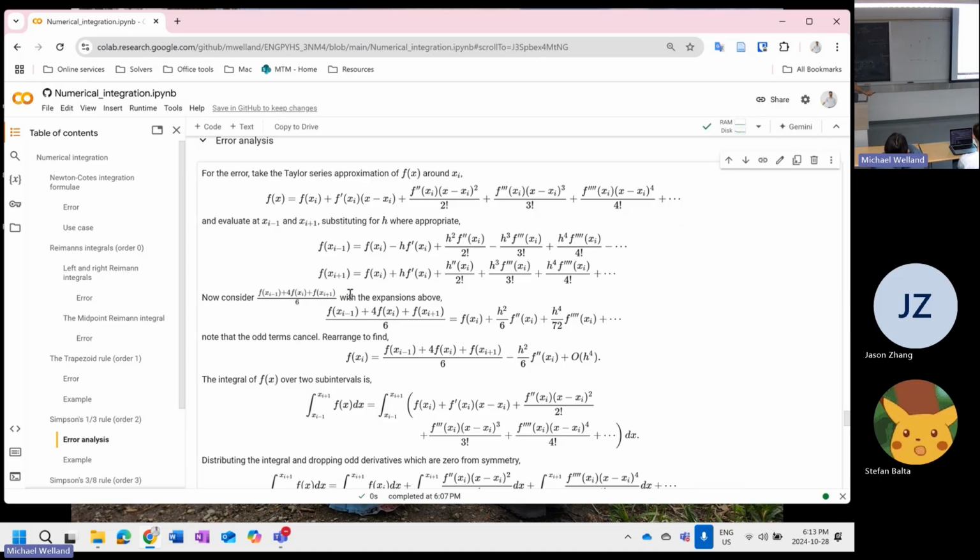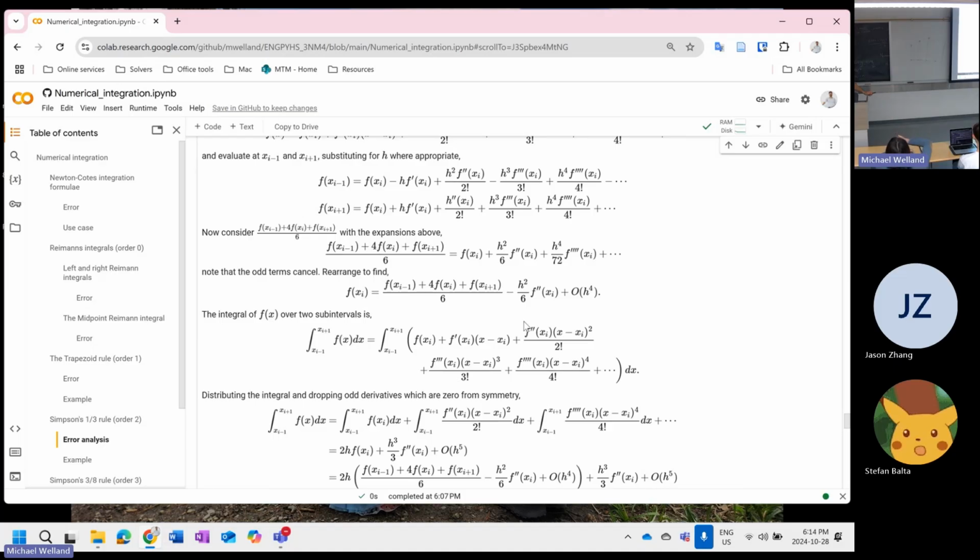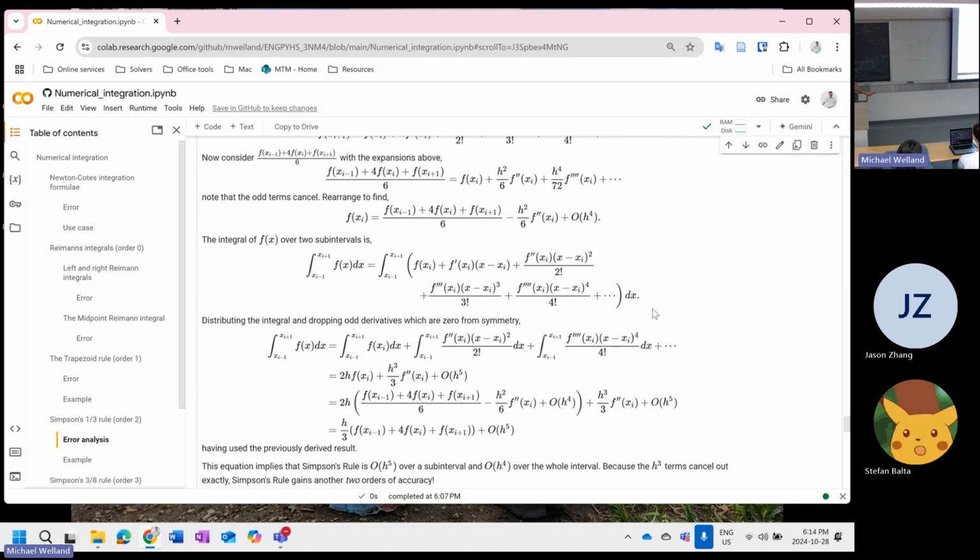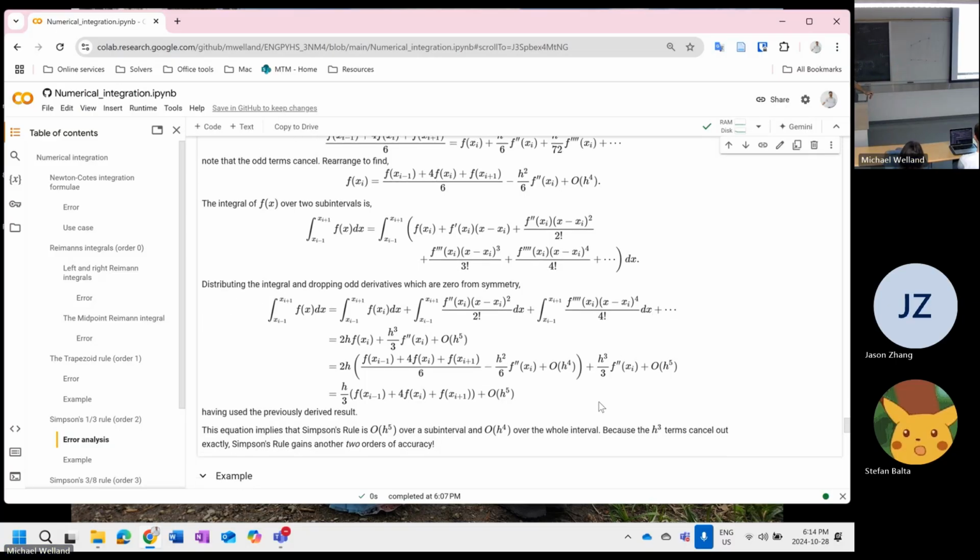You arbitrarily put it into this form, calculate everything out, and assuming that the second derivative doesn't change much between here and here, you end up canceling that out, as well as that, and you actually end up with an order h^5 algorithm, which is, again, very nice.